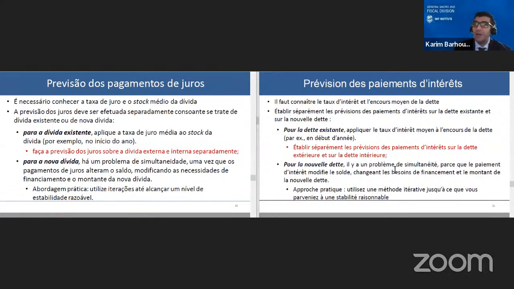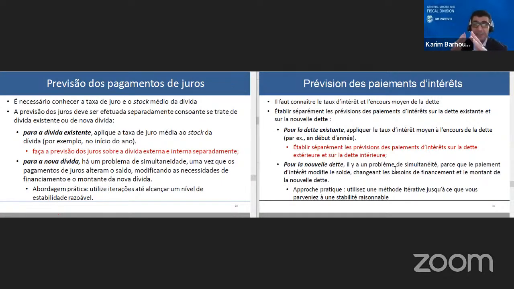So here, what we have on the slide is the way that we are forecasting interest payment through the financial programming exercise. I think many of you got a chance to meet with Anna previously and Ian through this exercise. As I highlighted, we forecast the interest on existing and new debt separately.